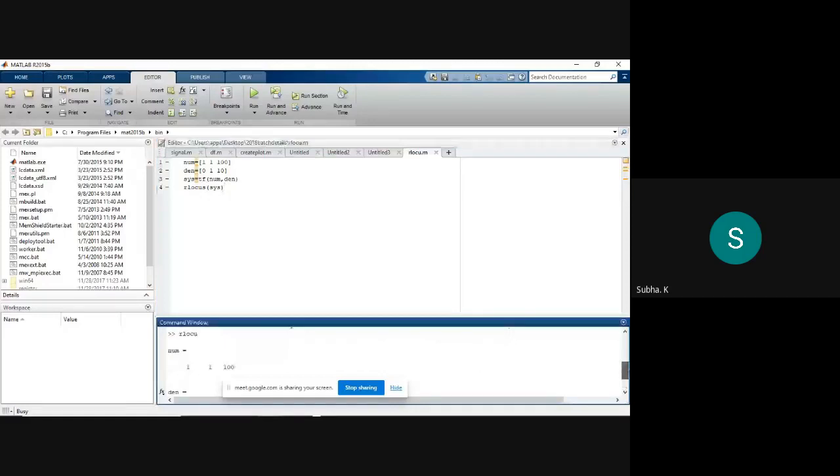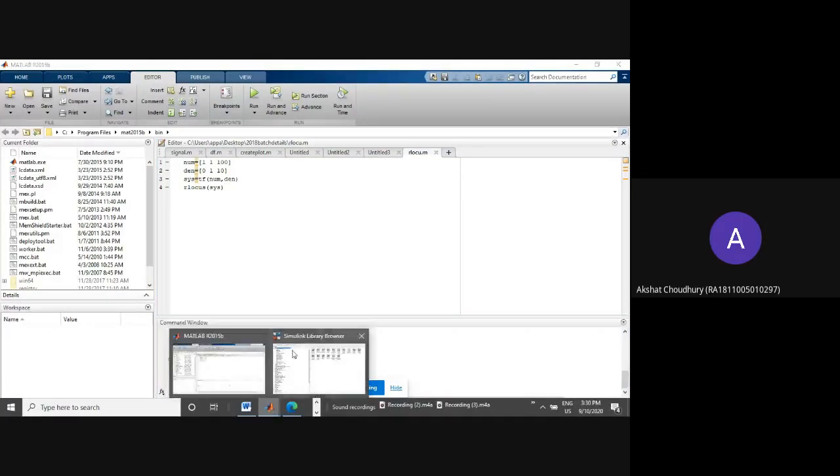Like this, you try in your editor window. Yes, like that only it will come. In the root locus, the poles are marked as crosses and the zeros are marked as small circles.